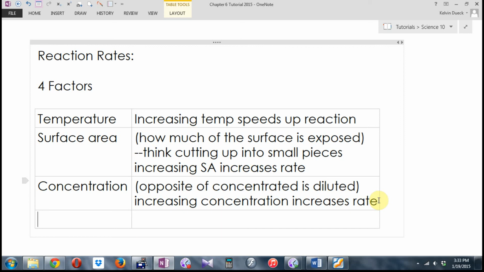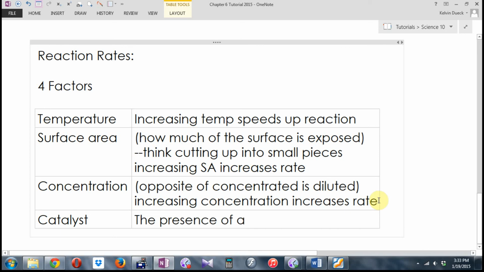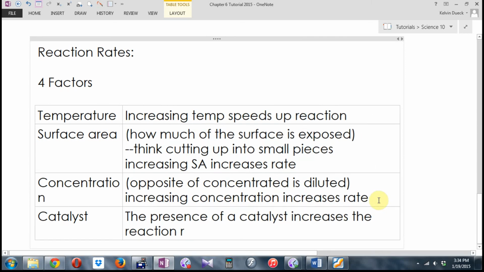So, what was the last one you wanted me to do? Catalyst. I spelled that wrong. Catalyst. The presence of a catalyst increases the reaction rate.